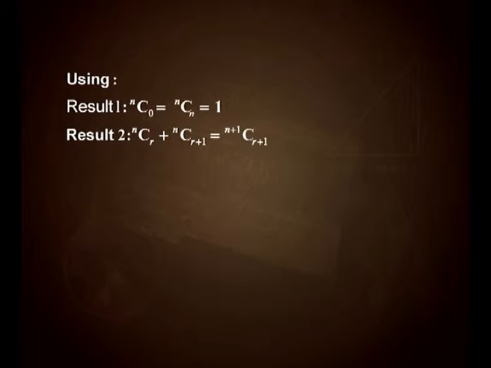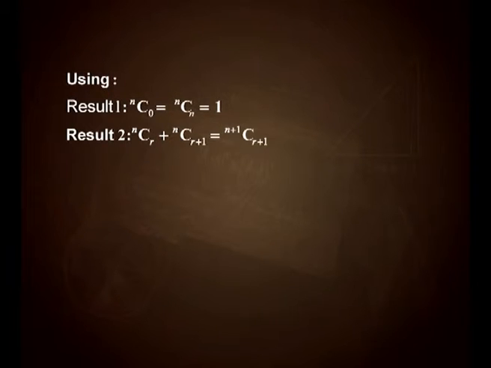So, now can you see that our first and the last term, which had kC0 and kCk, can always be rewritten as (k plus 1)C0 and (k plus 1)C(k plus 1). So, I can rewrite those coefficients. At the same time, for the terms that I have collected, you can see the second result helping us to rewrite. So, I am looking at kC0 plus kC1.